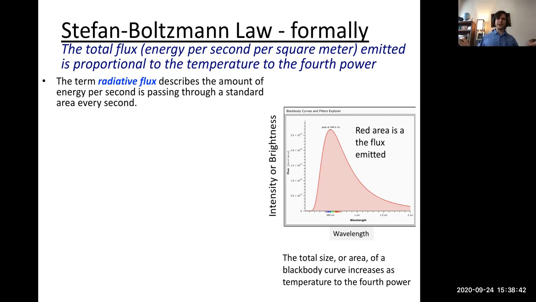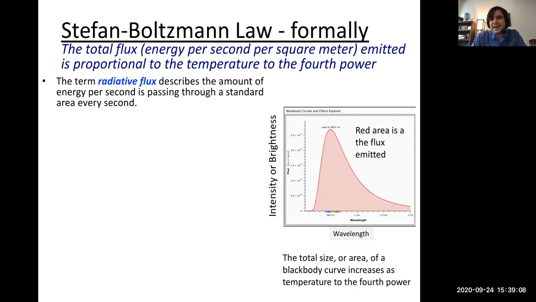Or we use the metric system here, and we typically use a meter. So I could draw a box that's 1 meter by 1 meter, and we could consider how much energy is passing through that box. That's 1 meter by 1 meter, a meter squared. So it'd be the watts per meter squared. And then we're talking about a radiative flux.